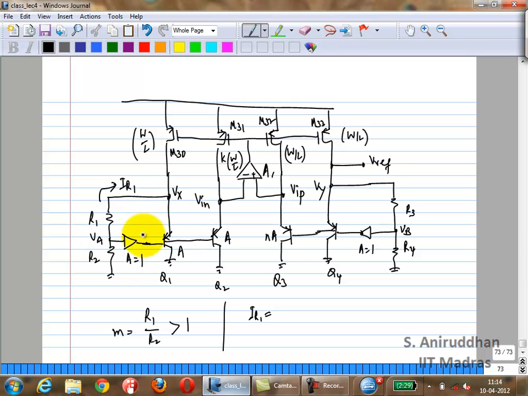This voltage, this is also VA, right? So that is just VEB by R1, correct? So VA is nothing but VEB1 times R2 over R1.